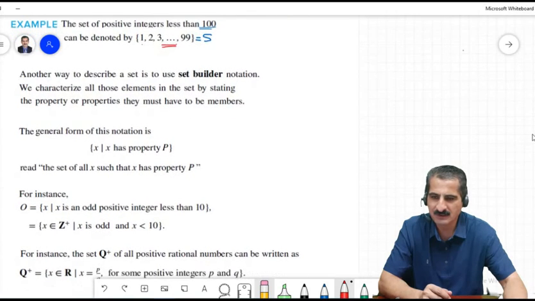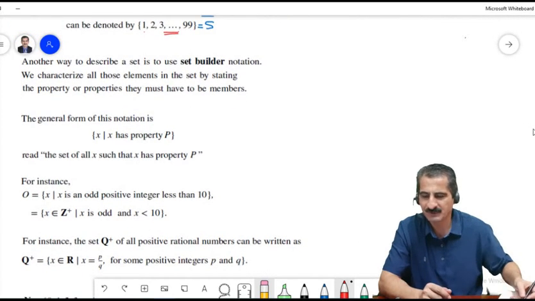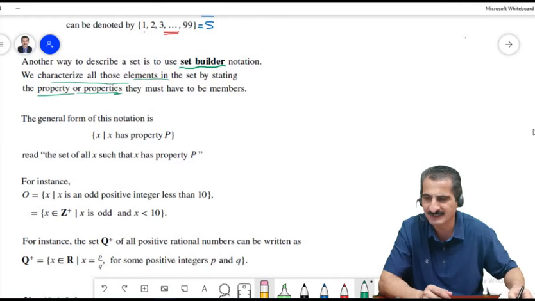Now, usually in mathematics, sets are described in what is called set builder notation, which means the elements of the set will be characterized by some property or properties that they must have in order to be members of the set. For example, in general, we will write this notation here.